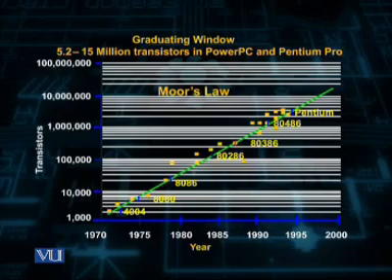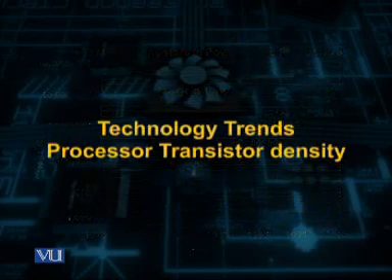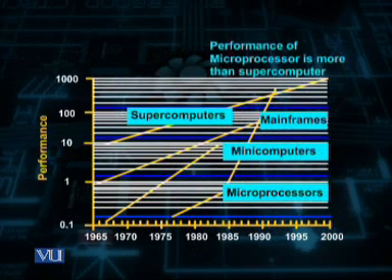However, its impact on the performance of the processor you can see from the next slide, where in 1965, whatever was the performance of the mini computers, that is in fact the performance of a microprocessor in 1985.